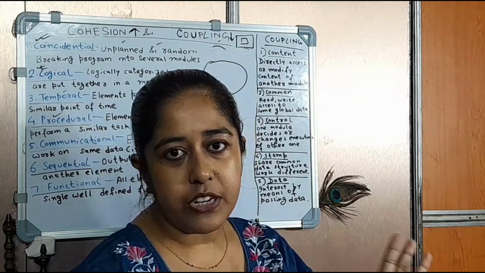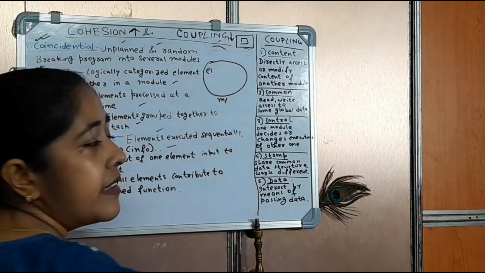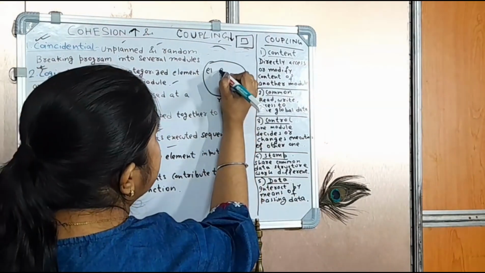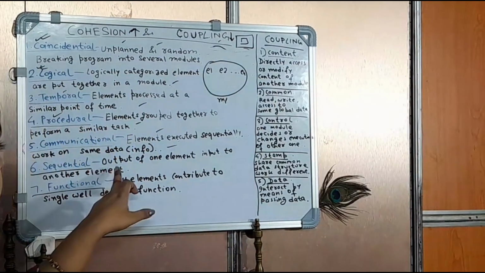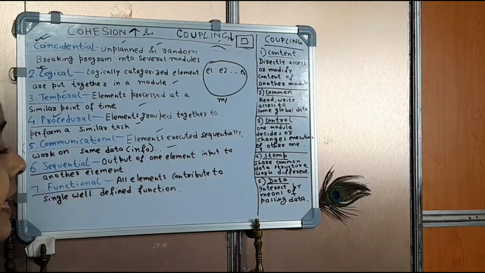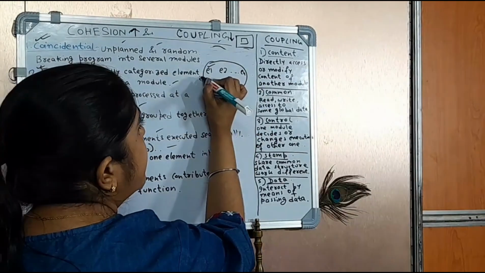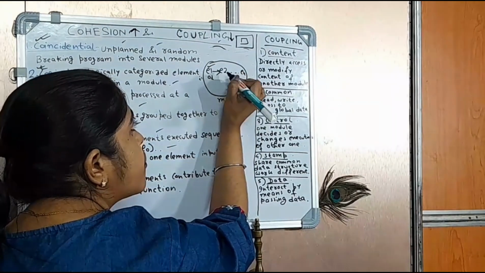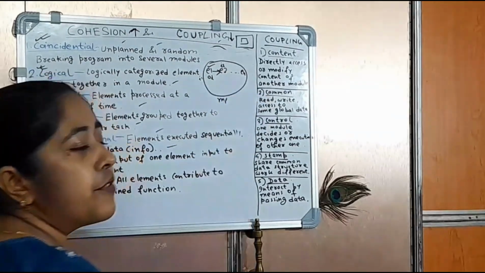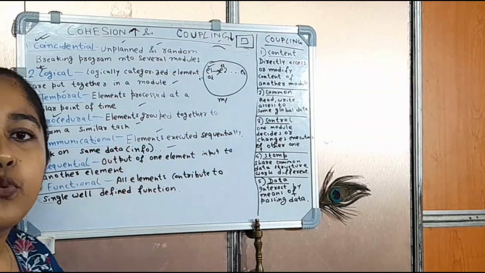Suppose this is my E1, this is E2, and so on up to En. Here the output of one element should be the input to the next element. This E1 has some input and some output, and that output should be the input of E2. E1's output should be the input of E2.